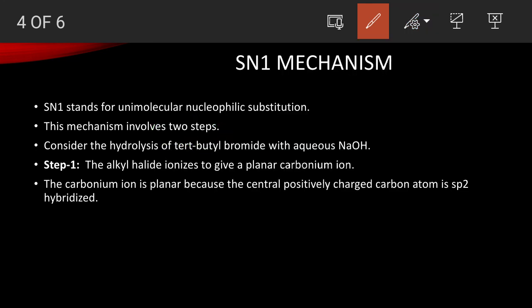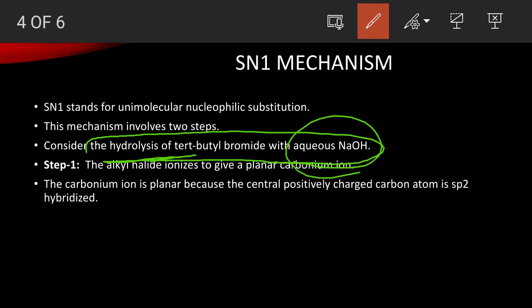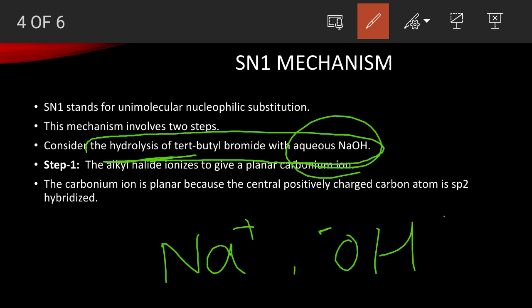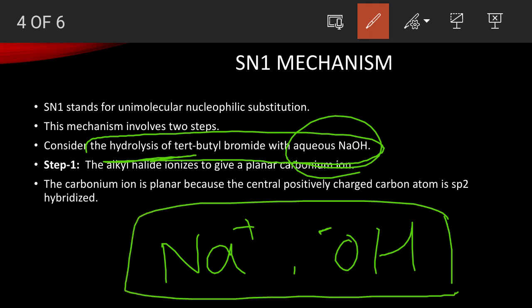For example, we will consider the hydrolysis of tertiary butyl bromide with aqueous NaOH. Aqueous NaOH means sodium and hydroxyl ions are present in the aqueous NaOH solution. It means NaOH is present in the form of ions, Na plus ion and OH minus ion.